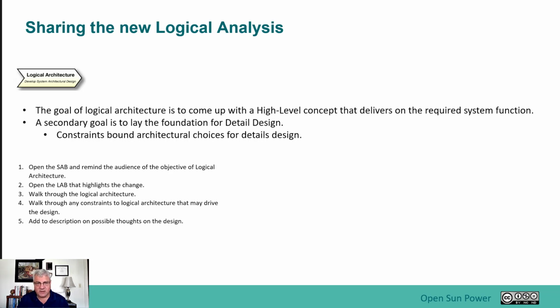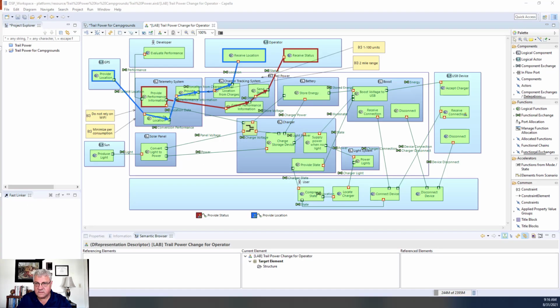So what you're going to see is I'm going to add some constraints, and I've already added some constraints to the logical architecture based on information that I knew from my initial conversations with the operator who wanted to have this in their park. So I'm going to walk through the steps below here, and we'll show what we can do with these constraints. And I'll show you some of the constraints that I have. So I'm going to exit this.